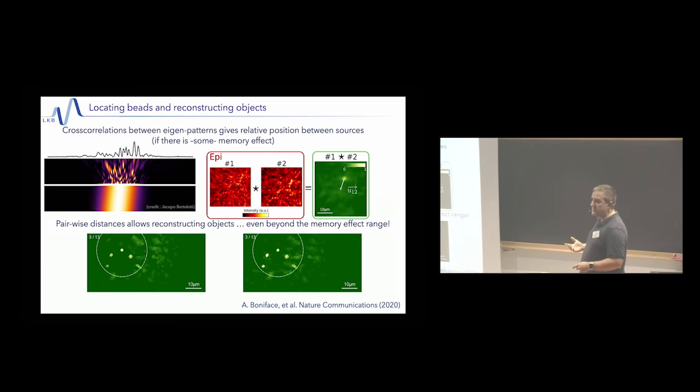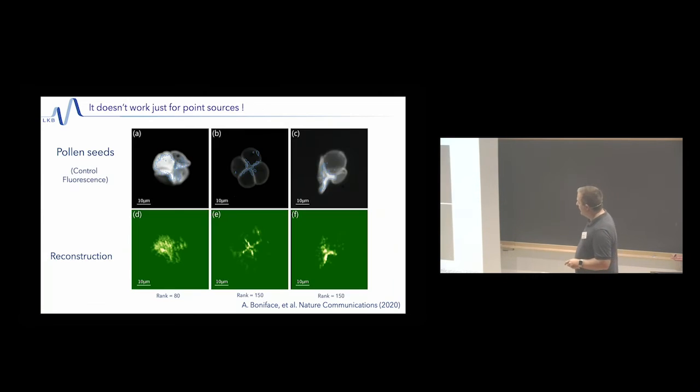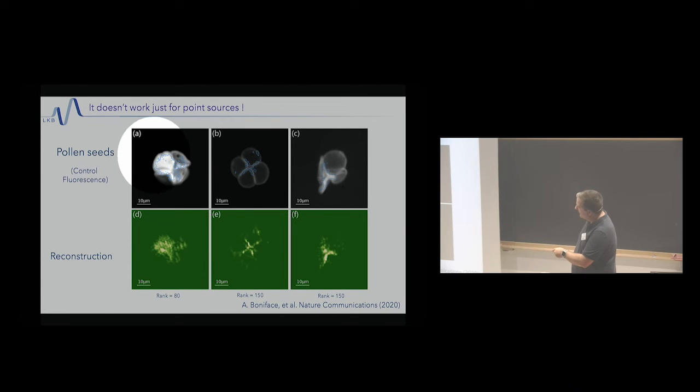So the one question is, does it still work if it's an extended object and a continuous object? And this was not at all obvious, but it turned out to be pretty robust. And so the PhD student Antoine told me, okay, I will try, and he tried, and then he showed me the result, and it was working relatively well. So, for instance, this is some pollen seed that are fluorescent stained.